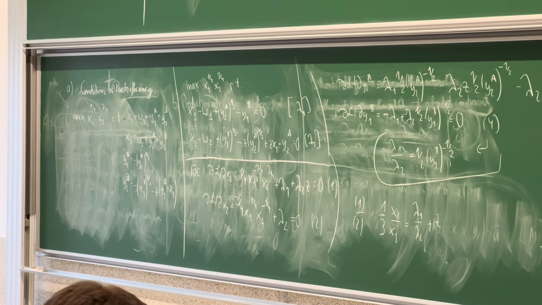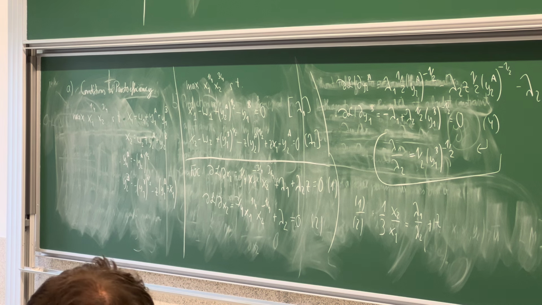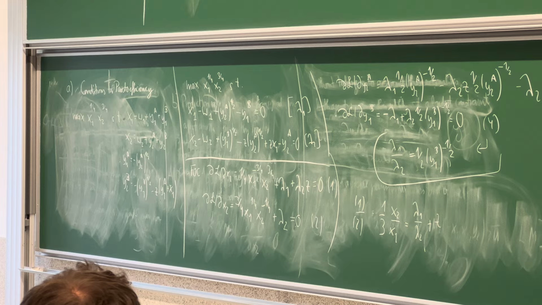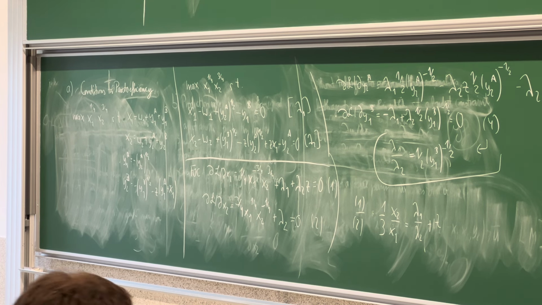We get the conditions, which are this one, okay? Which is zeta 1/2 y2A to the minus 1/2 plus 1, divided by 1/2 y2A to the minus 1/2.